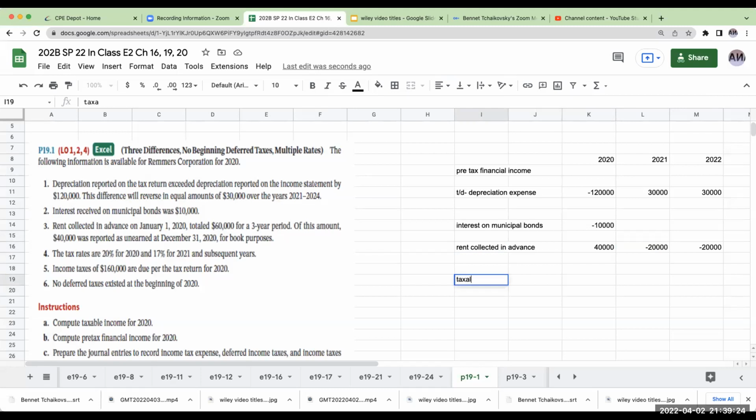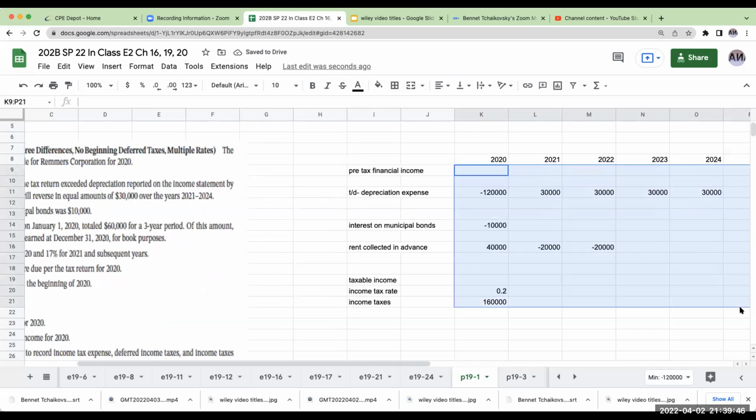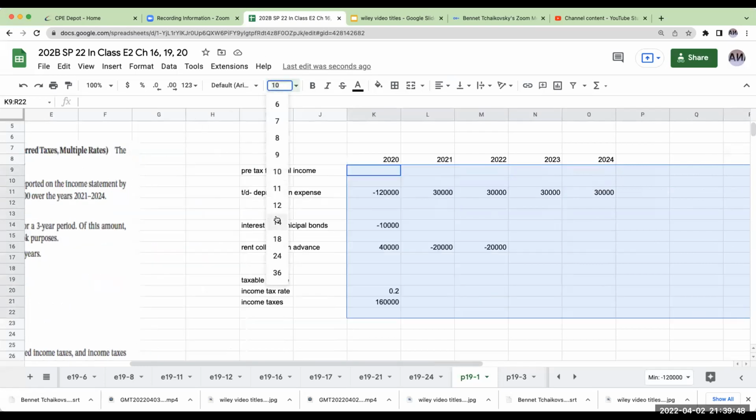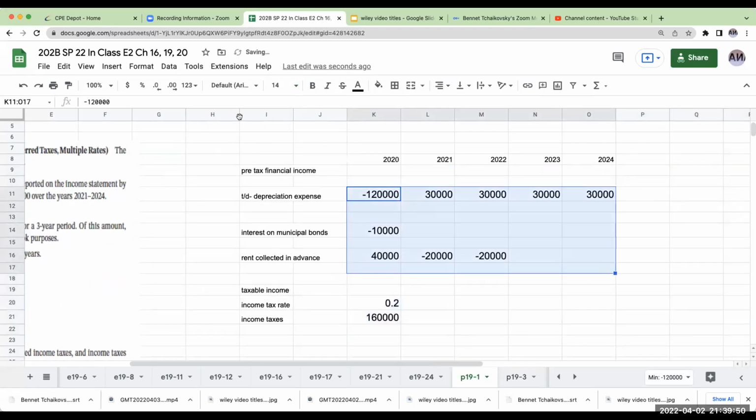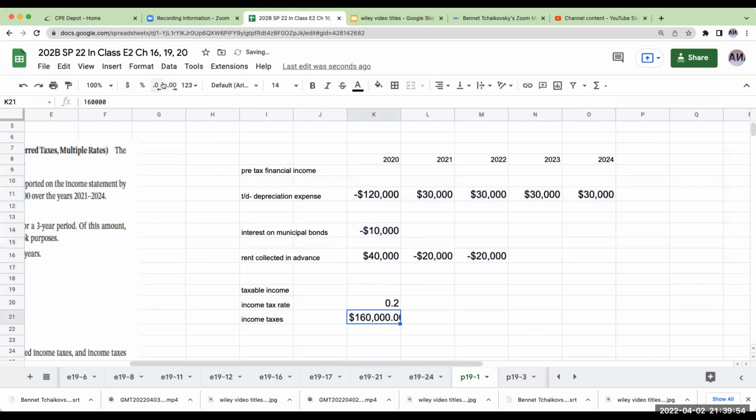So my taxable income, we don't know what this is, but my income tax rate of 20%, this is going to equal my income taxes for 2020, and this is going to be $160,000. So what I need to do for this particular question is work backwards.